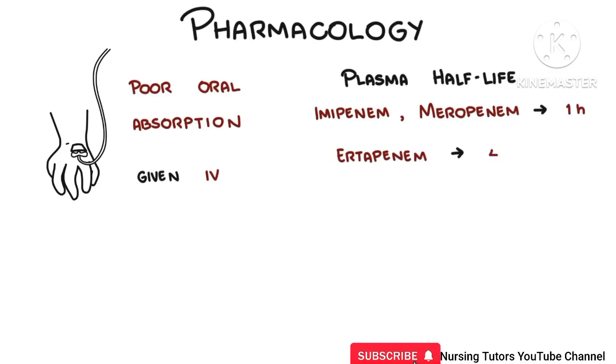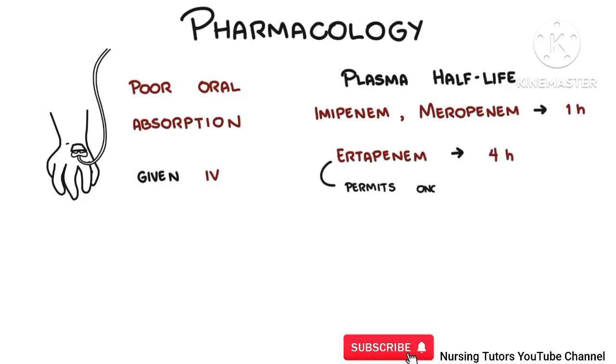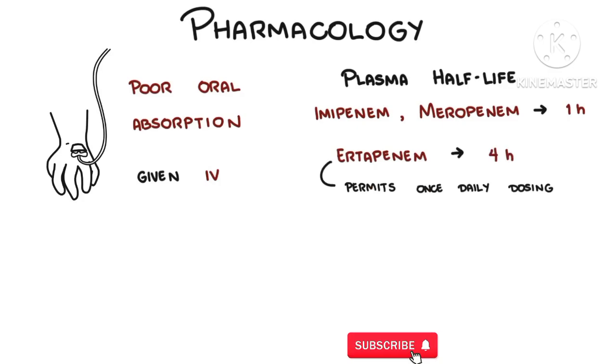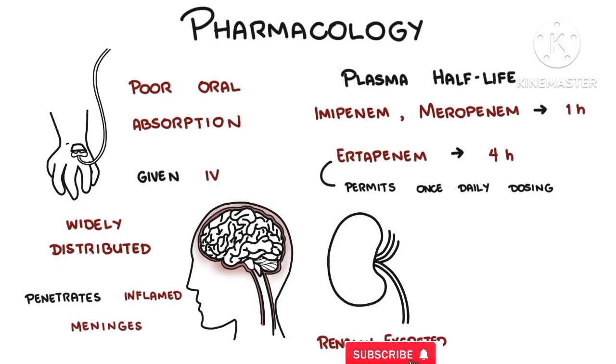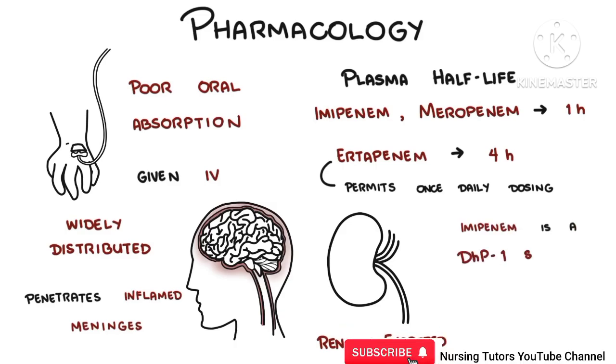Imipenem and meropenem start working in 1 hour, and they are given intravenously, and they are widely distributed, and they are able to cross only inflamed meninges. They are renally excreted, therefore they may require dose adjustment.